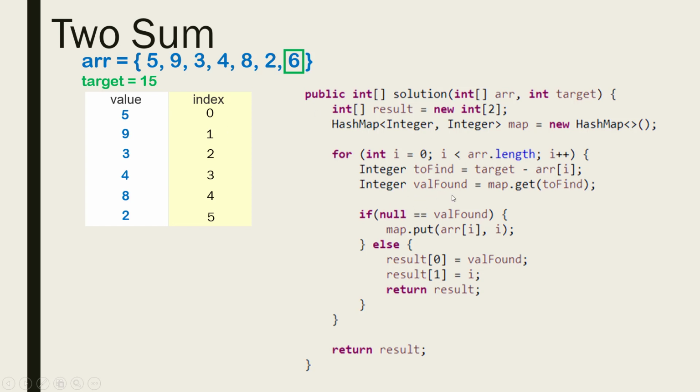Since this time we have found the value, it's 1. So we are going to this else block. So result 0 is the val found, which is 1. And result 1 is i, which is currently 6. So return the result. So that is how the best solution for this problem works.